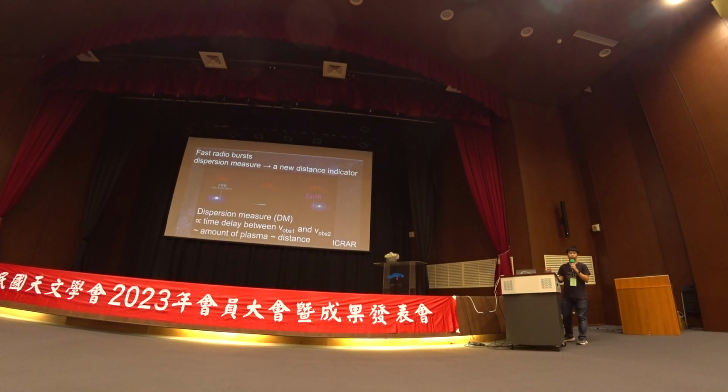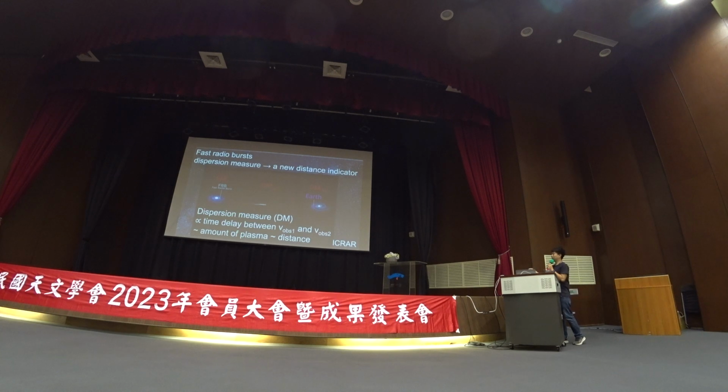In the previous talk, my professor introduced FRB. You already know it, so I want to introduce what the dispersion measure is. DM is the electron density along the sight line. Easy to say, how much plasma is in the unit distance?